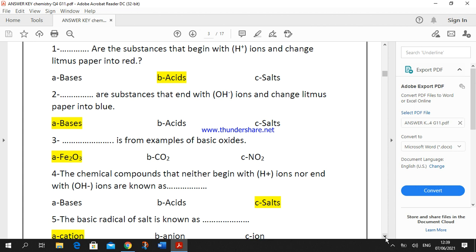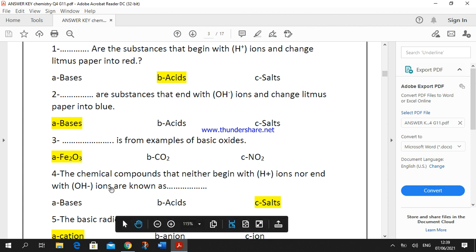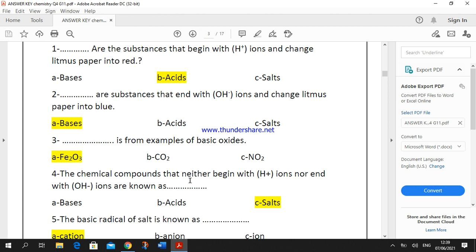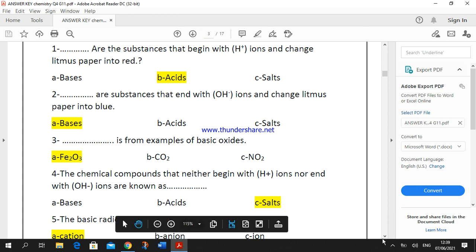Also, some non-metal oxides can dissolve in water to form an acidic solution. An example of a basic oxide is iron oxide. Number 4, the chemical compounds that neither begin with hydrogen positive ions nor end with hydroxide negative ions are known as salts.